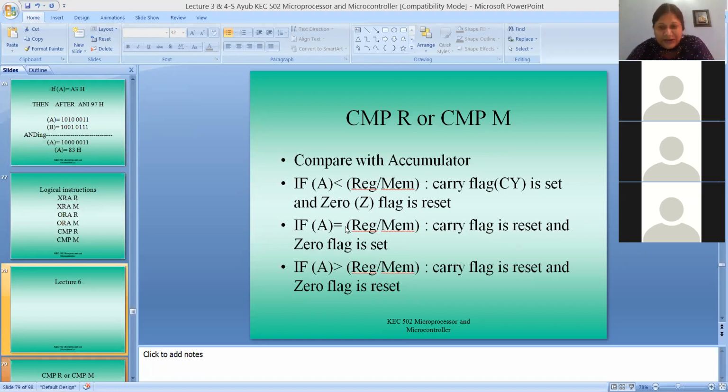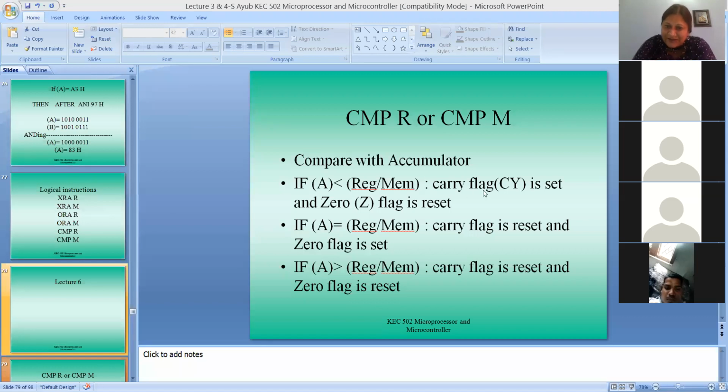It will not tell you that the contents are equal, but it will tell you in the language of flags. If zero flag is set, then contents are equal. If carry flag is set, then accumulator contents are less. If carry flag is not set and zero flag is also not set, that means contents of accumulator are greater. Understood?